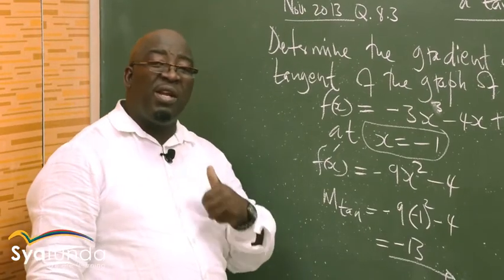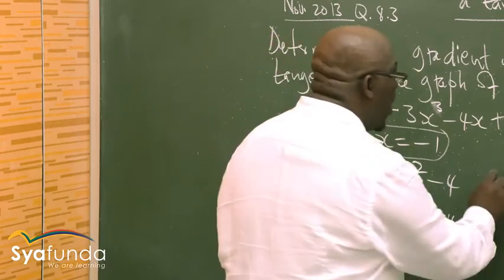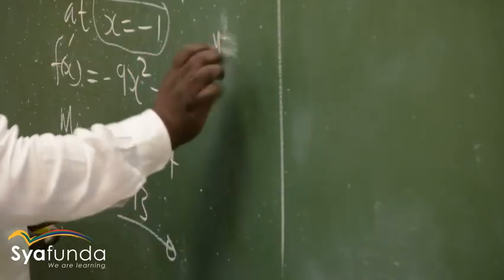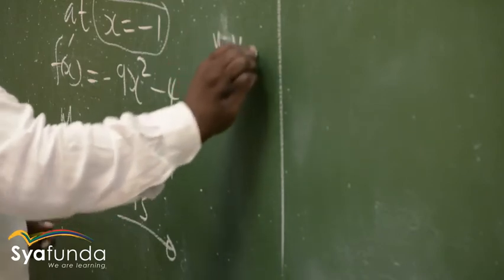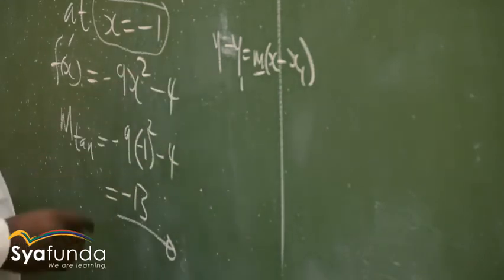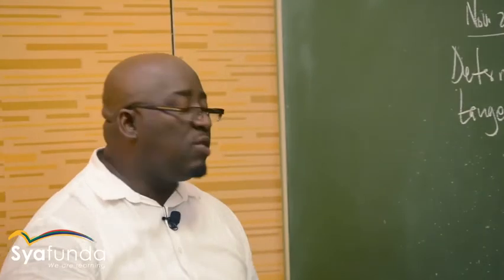Remember that to find the equation we must have the gradient and a point, so that we can use the equation y minus y1 equals m times x minus x1, where m will be your gradient, and x1, y1 will be any other point that you have.